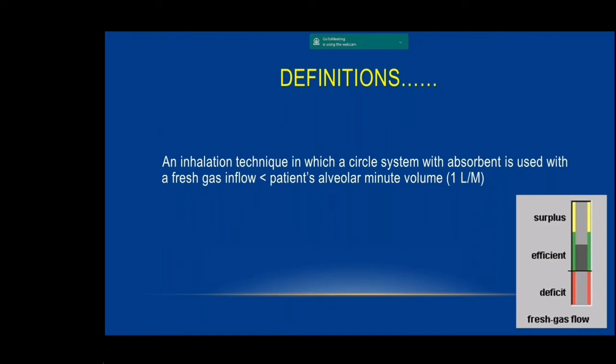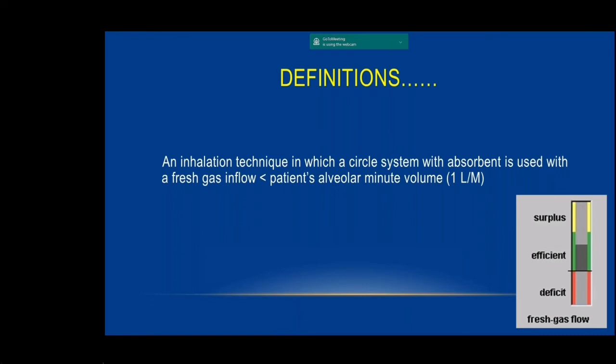Let's come to the definition of low flow. So when do we say that we are using low flow? Low flow anesthesia is an inhalation technique in which a circle system with absorbent is used with a fresh gas flow that is less than the patient's alveolar minute volume.